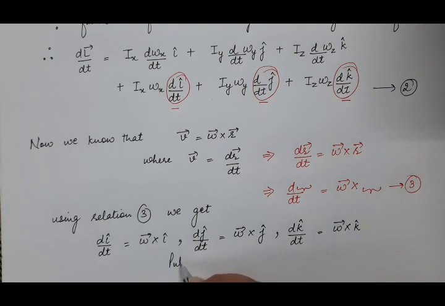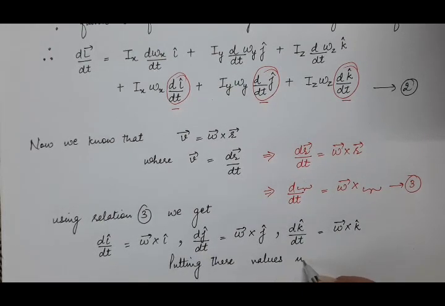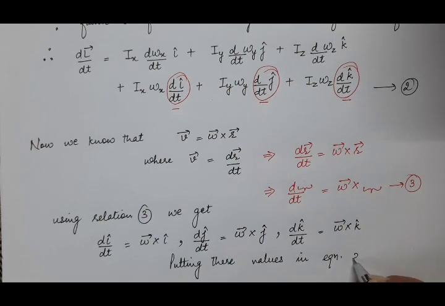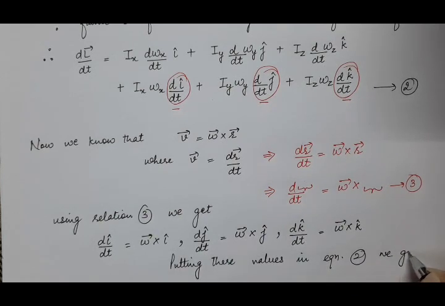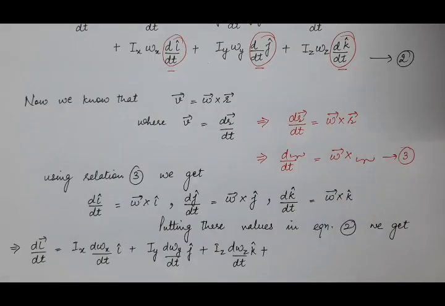So putting these values in equation 2, we get, the first 3 terms will remain as they are.